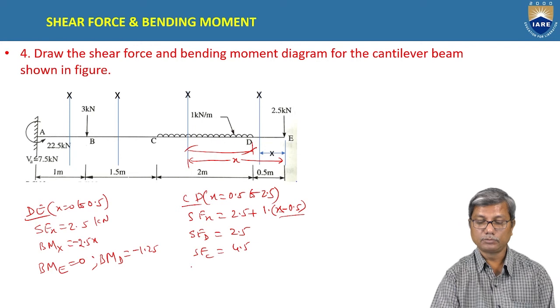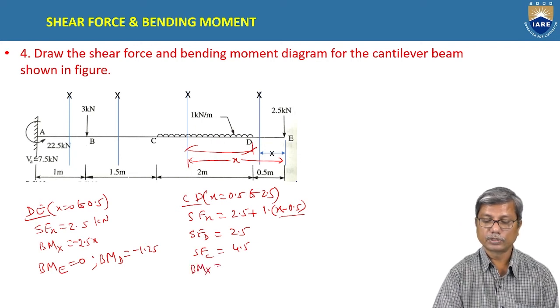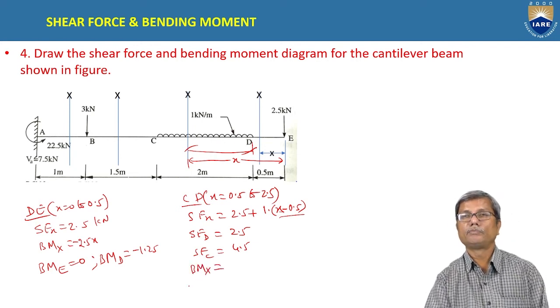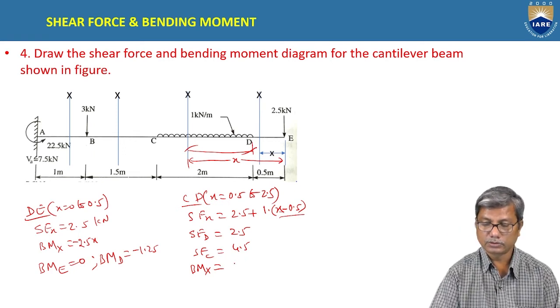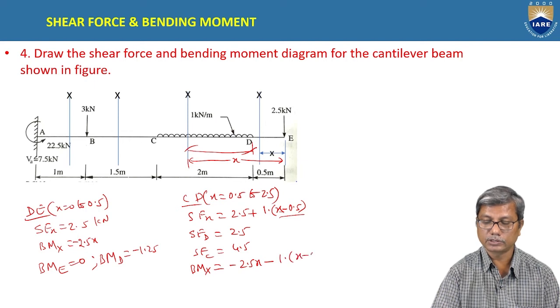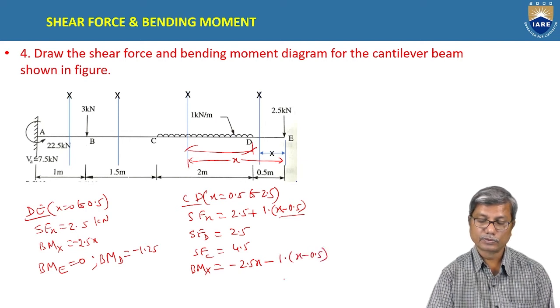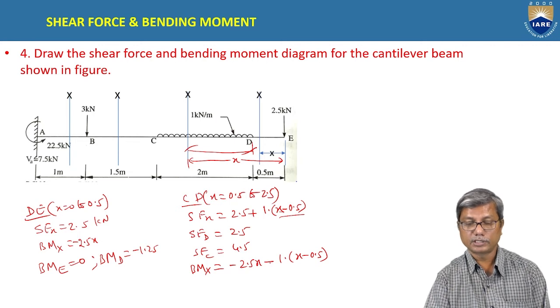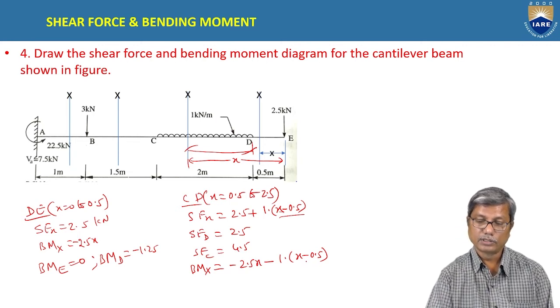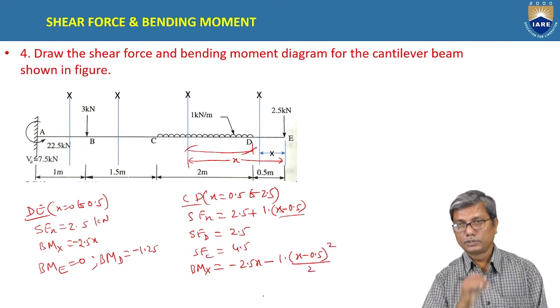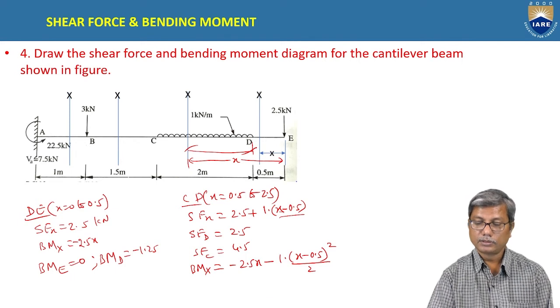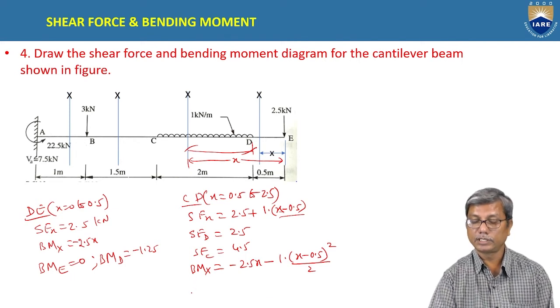Similarly, we will calculate bending moment at X. So minus 2.5 into X, minus 1 into X minus 0.5 into X minus 0.5 by 2. Here we will find out bending moment at different sections.